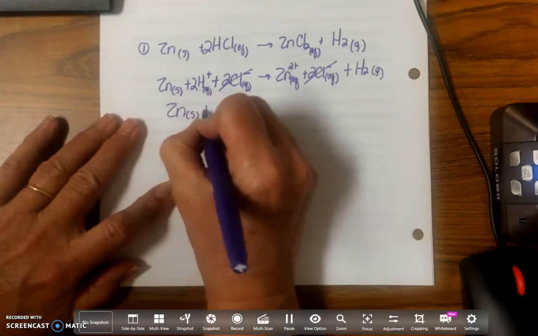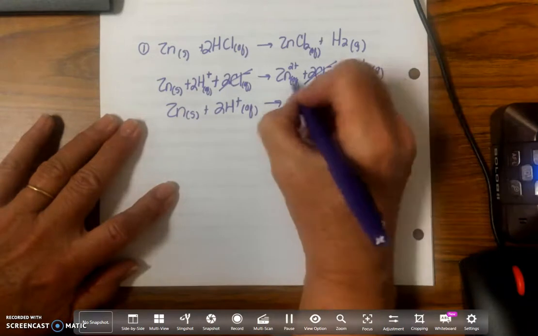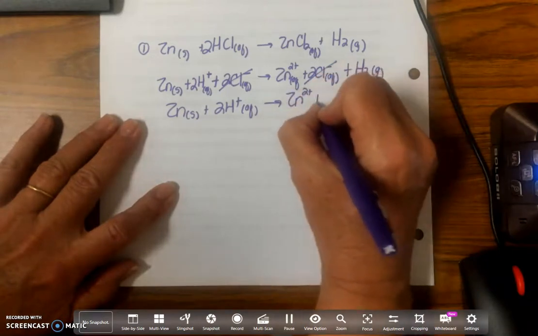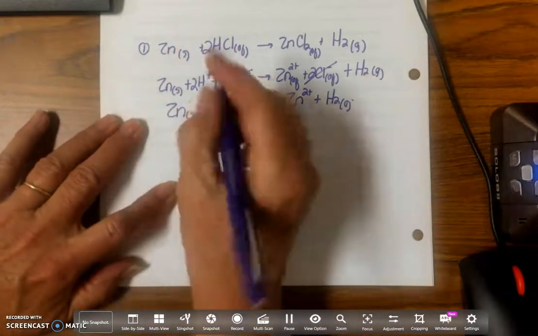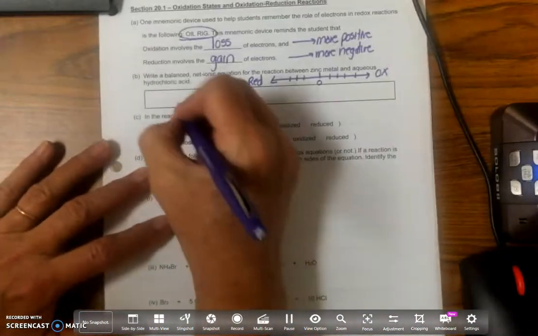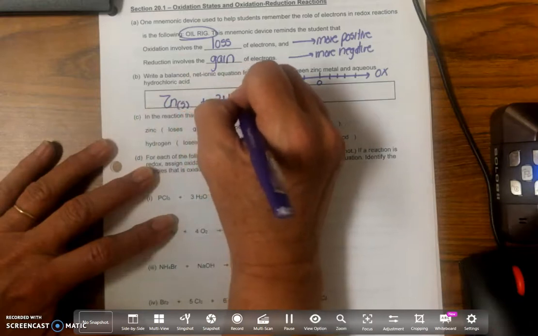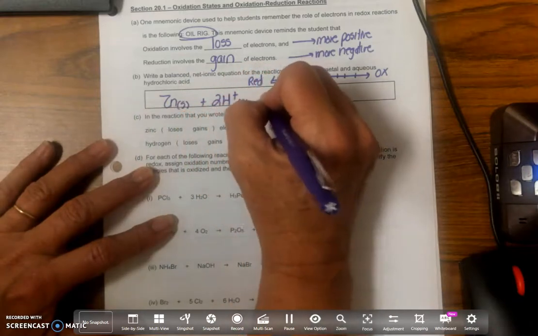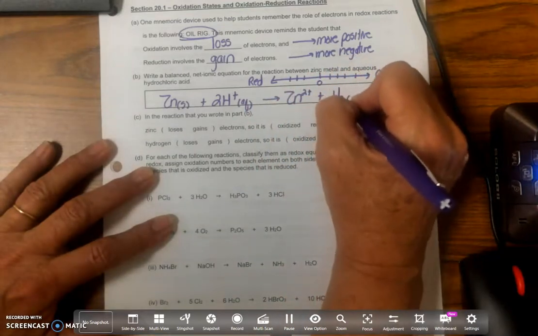So we have this: zinc plus 2 H+ gives zinc 2+ plus hydrogen gas. Right? So remember, we do balanced, complete, net. So zinc solid plus 2 hydrogen ions give zinc 2+ plus hydrogen gas. Okay.